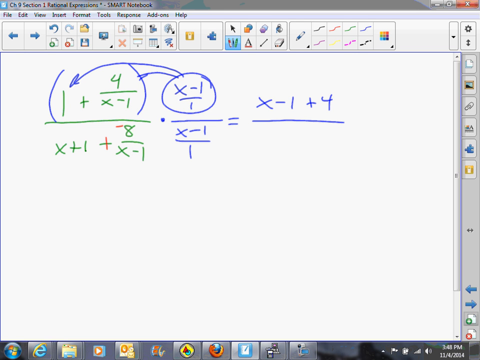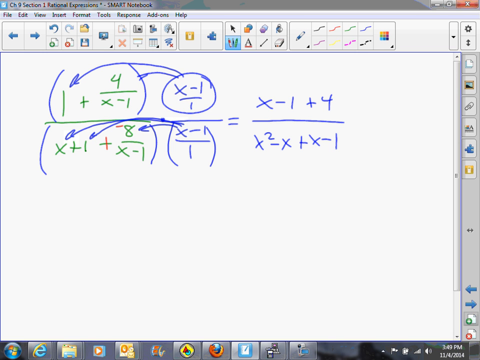Now in the denominator, I have a trinomial, so this has to be distributed over all three of these terms. So first of all, x times x minus 1 over 1 gives me x squared minus x over 1. Now x minus 1 over 1 times 1 gives me plus x minus 1. And then x minus 1 over 1 times negative 8 over x minus 1.